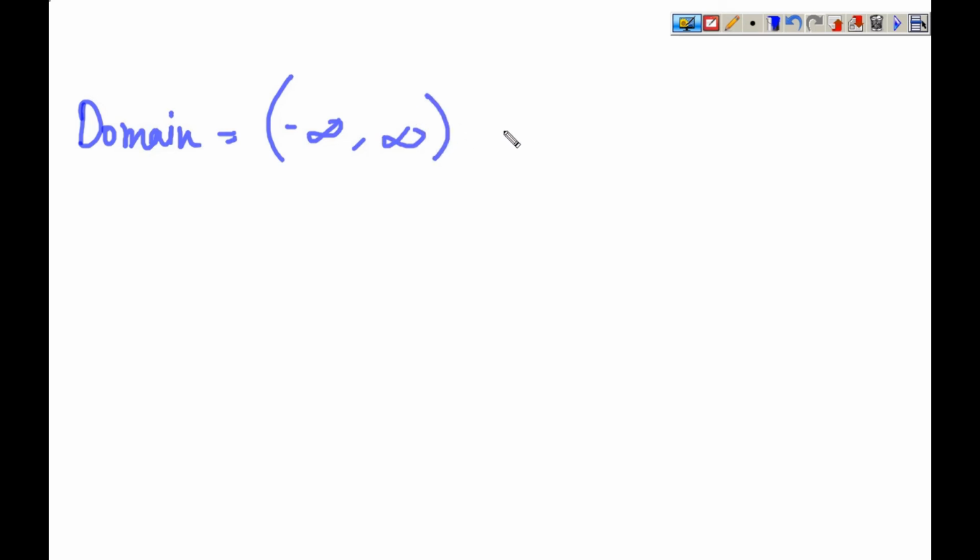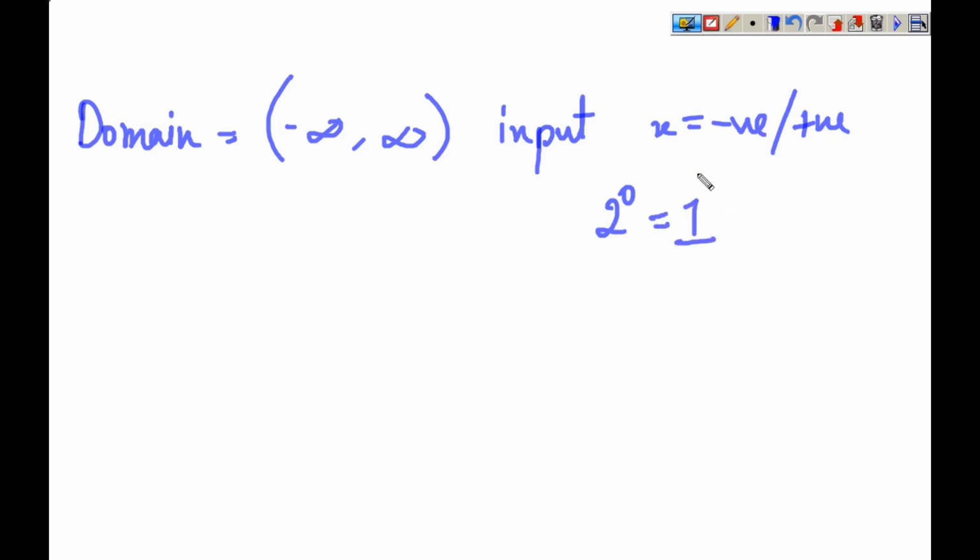It means that the input that I'm giving, input in place of x, can range from -infinity to infinity. As we have seen before, that x can be negative or positive or anything in between. It can also be 0. So anything raised to power 0 is 1. So it can be 0, it can be negative, positive, everything.